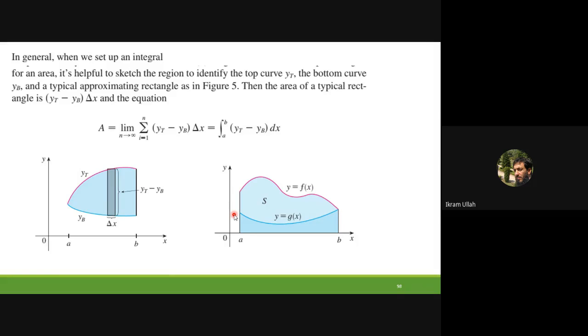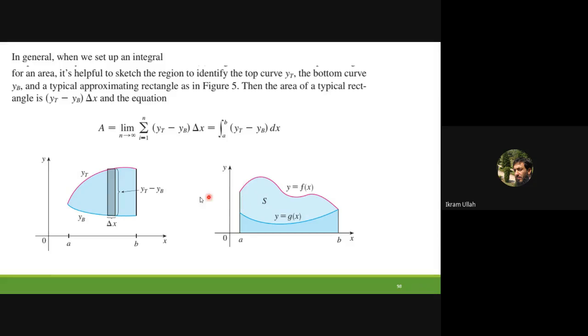Now, if there is a situation where both boundaries are reduced to a point, then we have to find x is equal to a and x is equal to b first. This means we are not given that x is equal to something. So if both boundaries are reduced to a point, then first we have to find the vertical lines x is equal to a and x is equal to b.